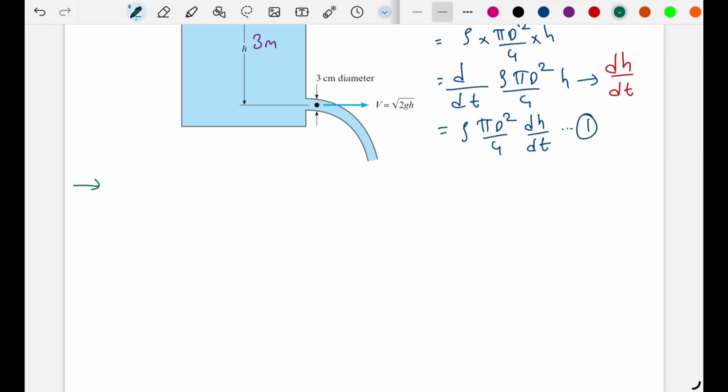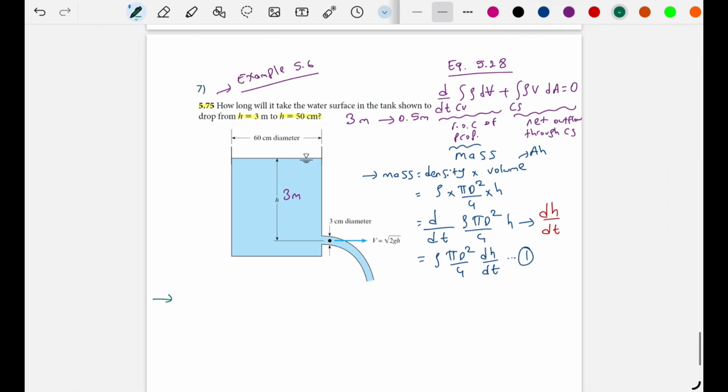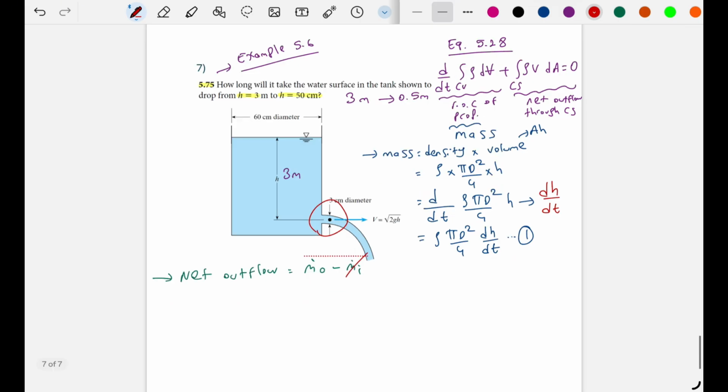Now we can take the second term, which will be the net outflow. In other words, it will be mass flow rate out minus mass flow rate in. As we can see, there is no inflow here, but we only have outflow, so we can just ignore this inflow.